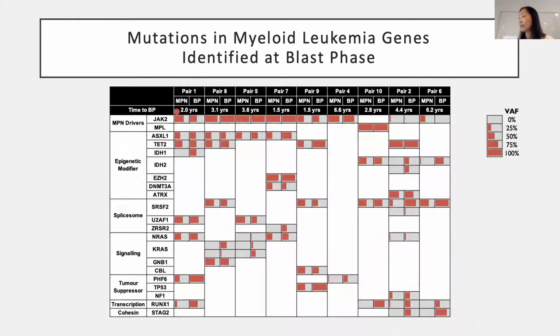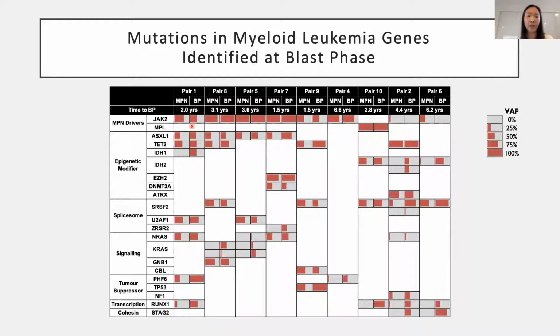Each column represents a paired sample, and the first subcolumn represents the chronic phase sample, and the second subcolumn represents the blast phase sample. They've also indicated the time to blast phase for each pair. If a variant was present, a variant allele frequency is indicated for that particular sample and gene.